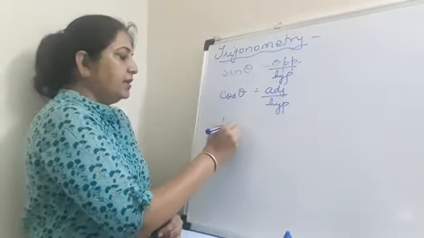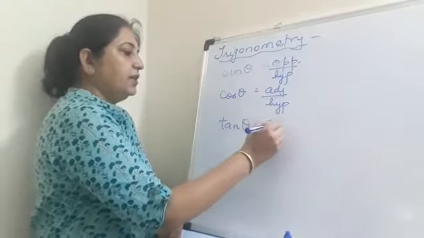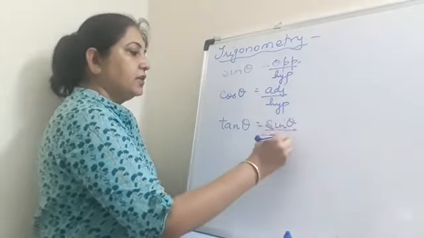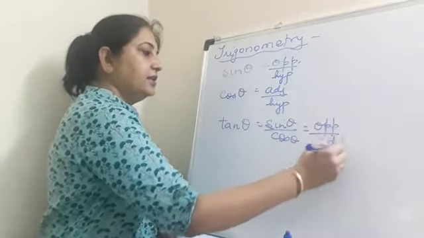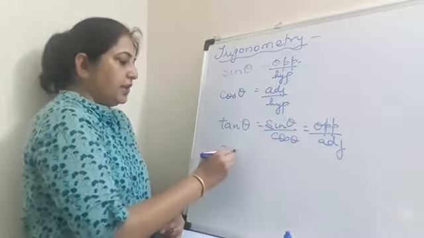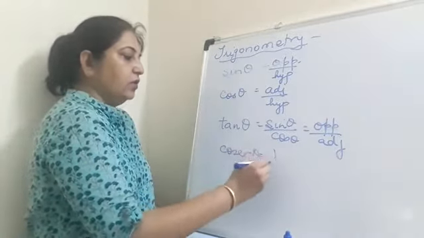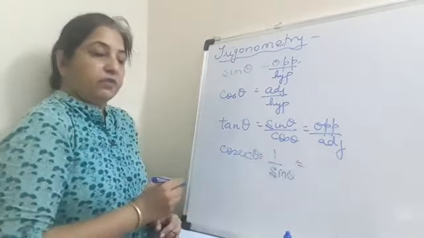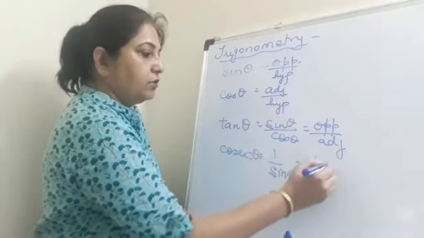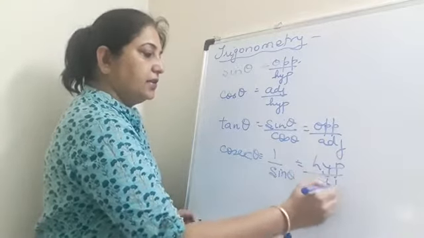Then tan theta, which is equal to sine theta upon cos theta, is given by opposite side upon the adjacent side. Then cosec theta is equal to 1 upon sine theta, that is the inverse of sine theta, which is equal to hypotenuse upon the opposite side.